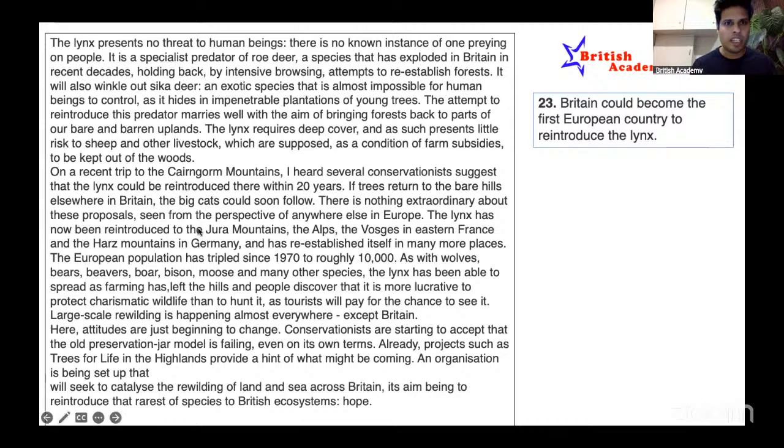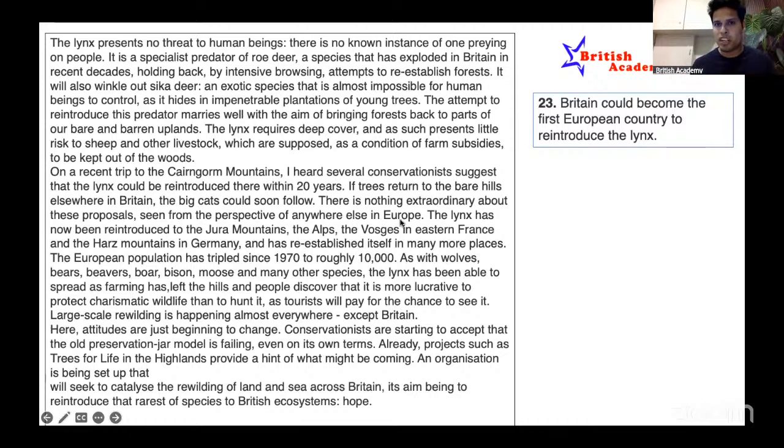Now let's try to read this particular portion. What exactly does the question say? It was the first European country to reintroduce. Now, what is being given over here? I heard several conservationists suggest that the lynx could be reintroduced. If trees return to the bare hills elsewhere in Britain, the big cats could soon follow. There is nothing extraordinary about these proposals seen from the perspective of anywhere else in Europe.